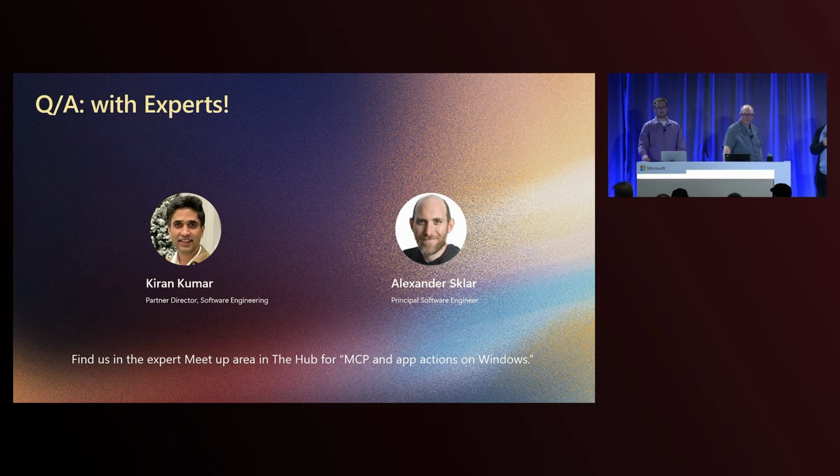Quick question. You mentioned Windows Registry or MCP Registry. Will it always be one version of MCP server, or can I have various versions of MCP servers as we evolve? So the question was whether the Windows MCP uses one version of the MCP server, or it can support multiple versions of it. You mean multiple versions of your MCP server? Yeah, you can. It's no different than your app.